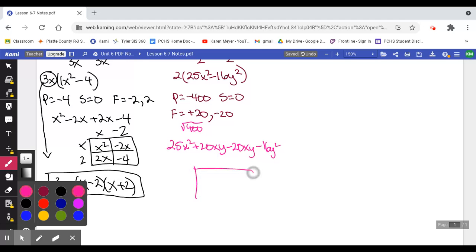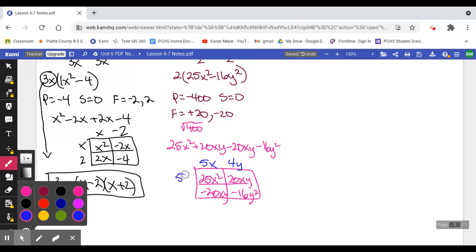So I'm going to take those four terms and put them inside my box. So 25x squared, 20xy minus 20xy minus 16y squared. Okay, GCF. Well, we can take out a 5x. And then over here, we can take out a 4y.